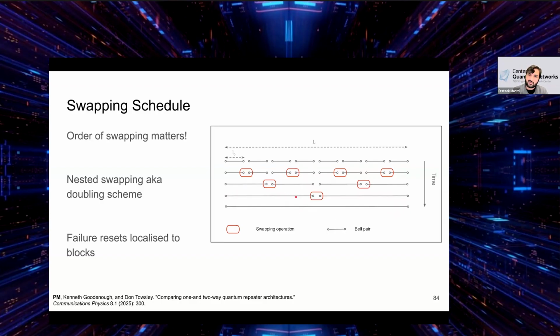And recursively, we can keep on applying the same principles all the way to the elementary link over here. So this is called the nested swapping schedule or the doubling scheme, and it is mitigating all these different resets or the risk of failure probabilities that we were seeing in the earlier swapping schedules.